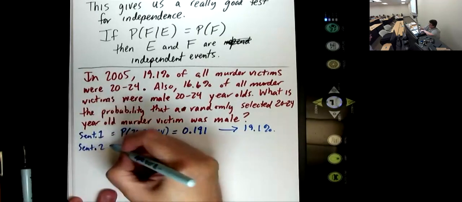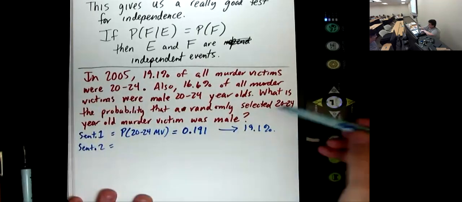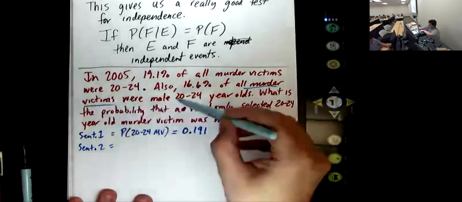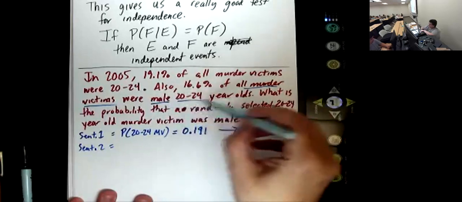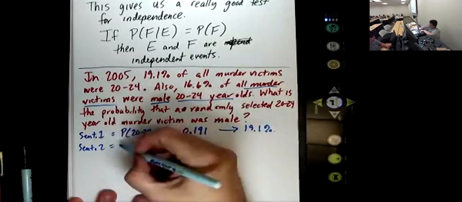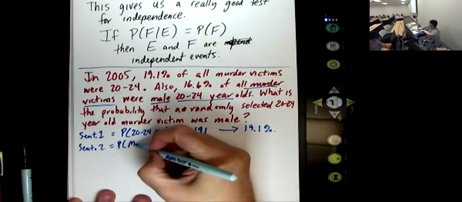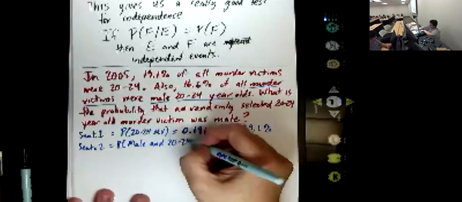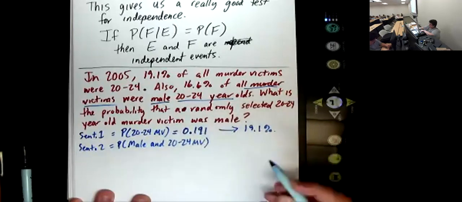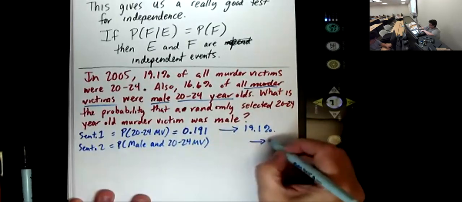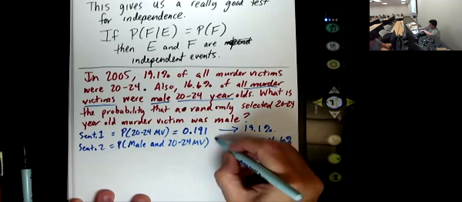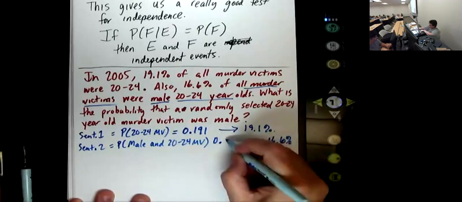Sentence number two tells us the probability of someone being a murder victim that was male and 20 to 24 years old. So this is the probability of being a male and 20 to 24-year-old MB. And they gave that as 16.6%. We move the decimal left twice and we get 0.166.